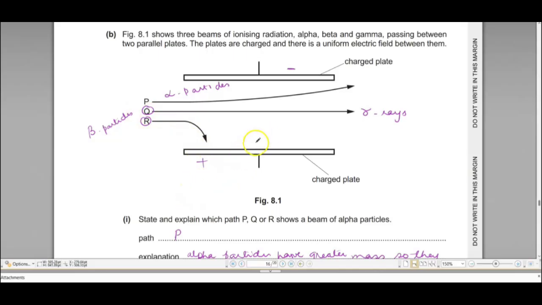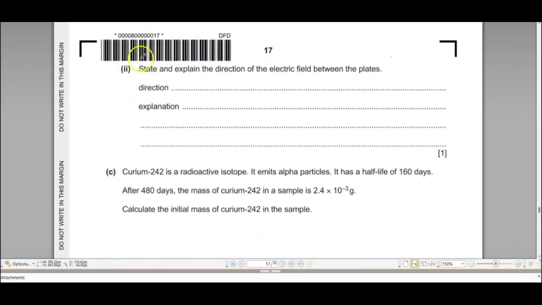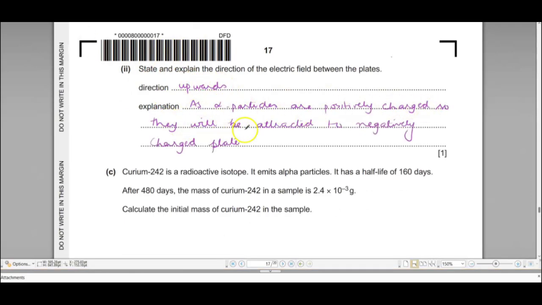Okay, so the electric field is always from the positive to the negative end, so it would be upwards. So let's write it down. The direction would be upwards, and the explanation would be alpha particles are positively charged, so they will be attracted to the negatively charged plate.